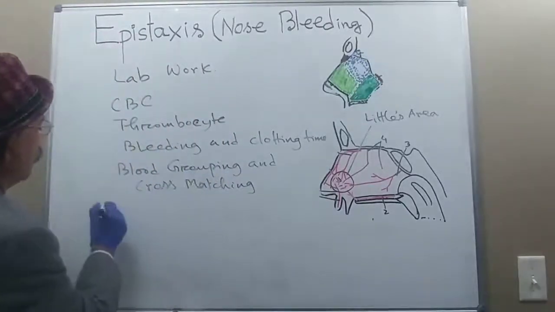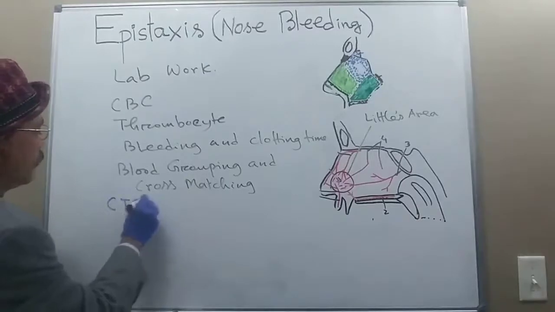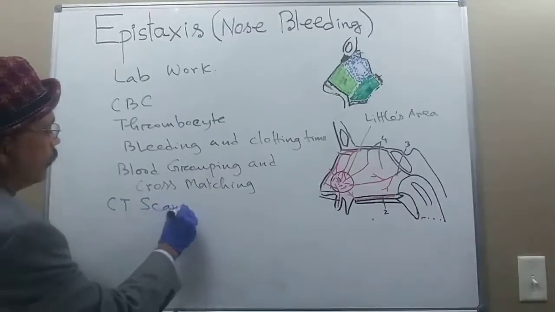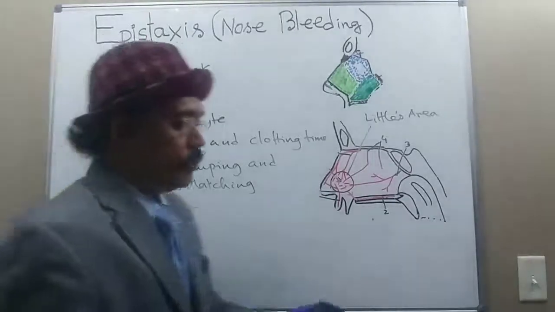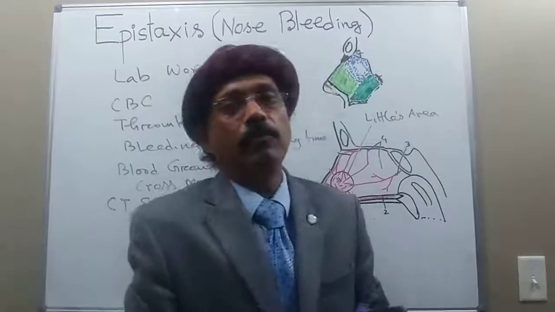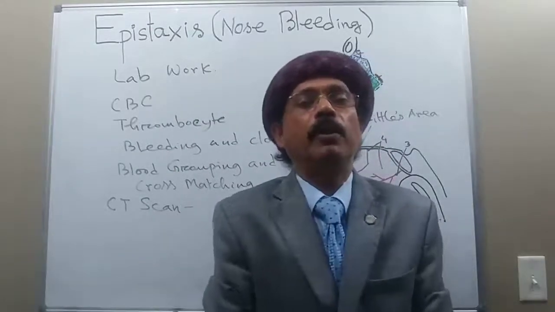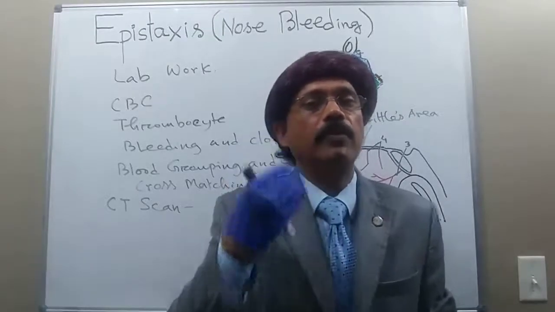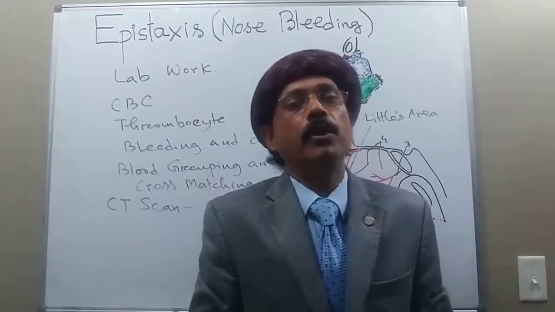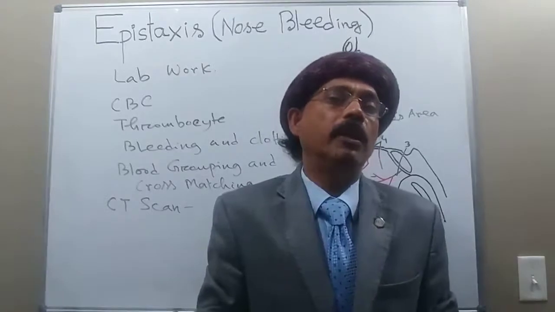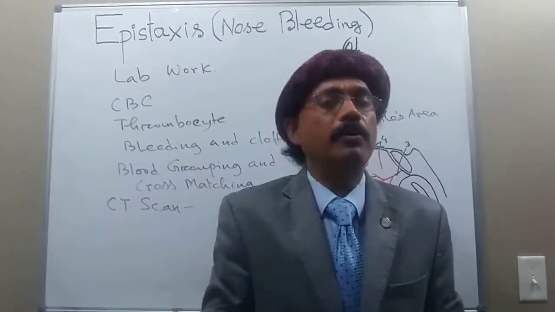We can do a CT scan to diagnose any type of tumor or any problem in the nasopharynx. Usually the anterior inferior part is the common site, but there may be a problem in the sinuses, a sinus tumor, or a problem in the nasal cavity.